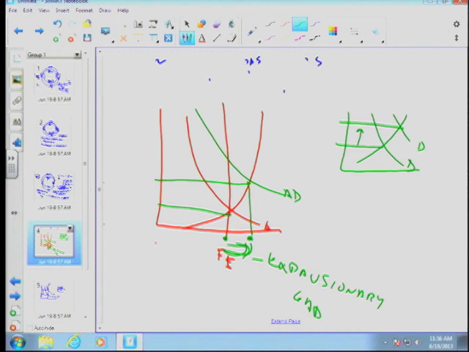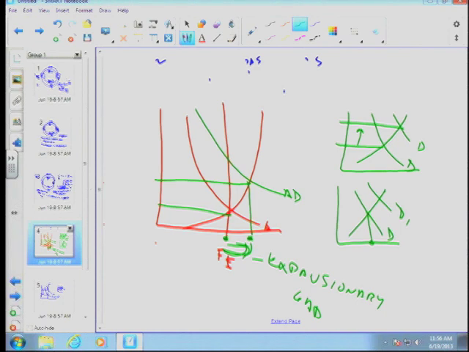What's going to happen in the raw materials area, in the resource area? When we were producing that amount of goods, that's how much raw materials we were consuming. Now we want to produce more, then demand for raw materials is going to shift out, and the price of raw materials is going to rise.